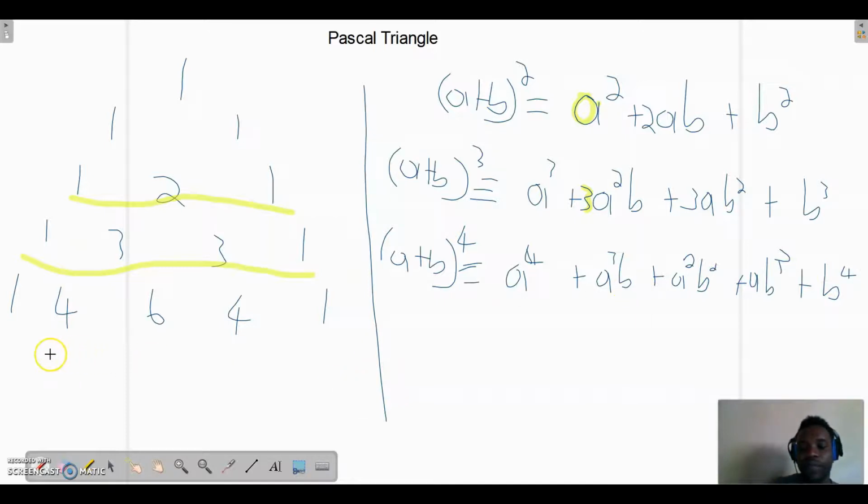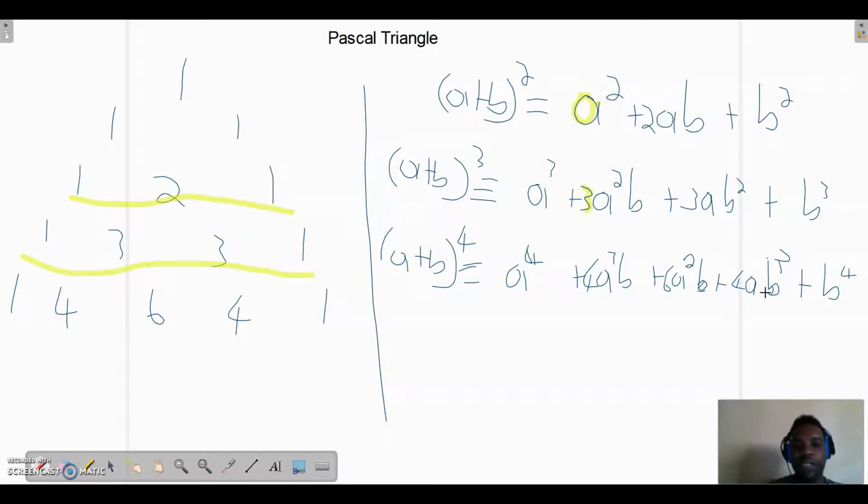And that's when we stop. So the coefficients are 1, 4, 6, 4, 1. So I'm going to have 4 here, 6 here, 4 there, and then 1. So you can clearly see the pattern. I'm going to put this back in: this is 4 a b cubed plus b to the 4. And you can take the Pascal triangle further.